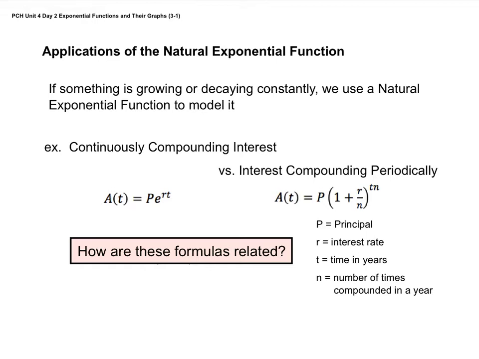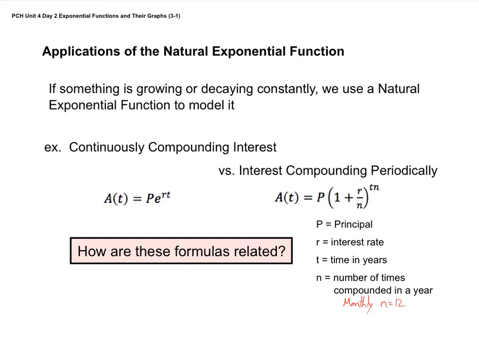But we have another formula that's related to it called the compounding interest formula. Notice it's not continuously compounding, but it's going to compound a certain number of times every year. For example, we might compound monthly, in which case, of course, there are 12 months in a year, so n would equal 12. That's actually the most common one if you're looking at banking or things like that.